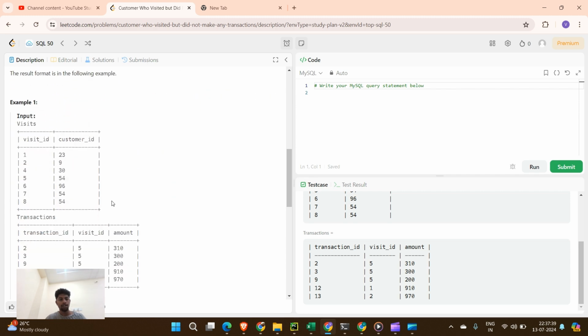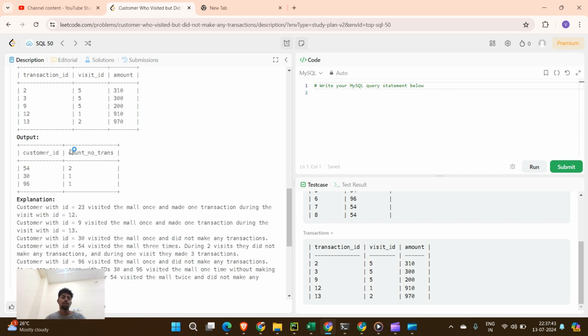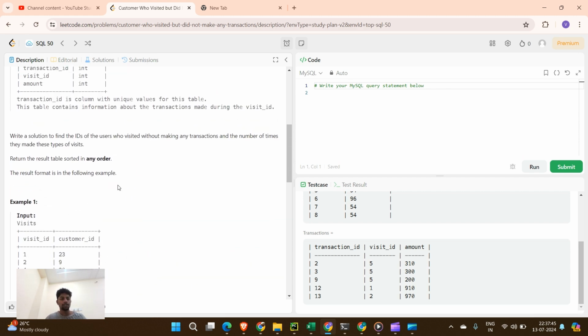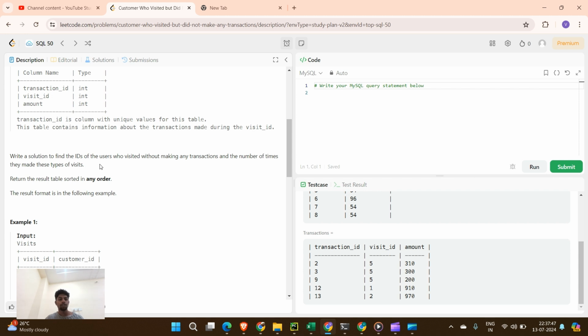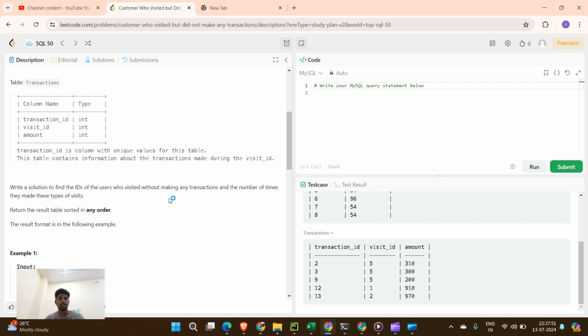And what is the condition they've given? They've given a sample data set also. The condition is that they want us to find the customers who visited but didn't make any transactions.